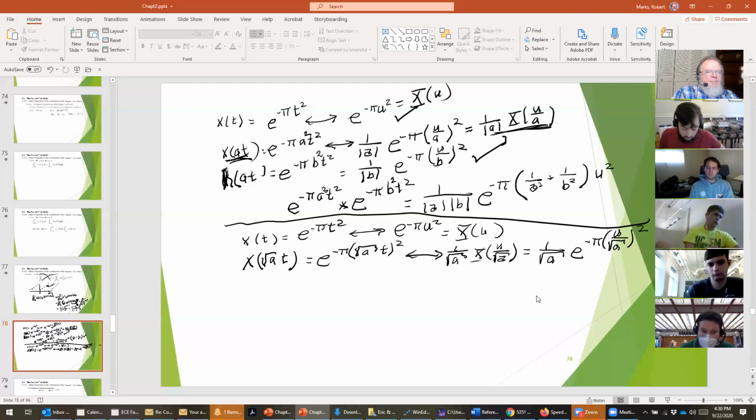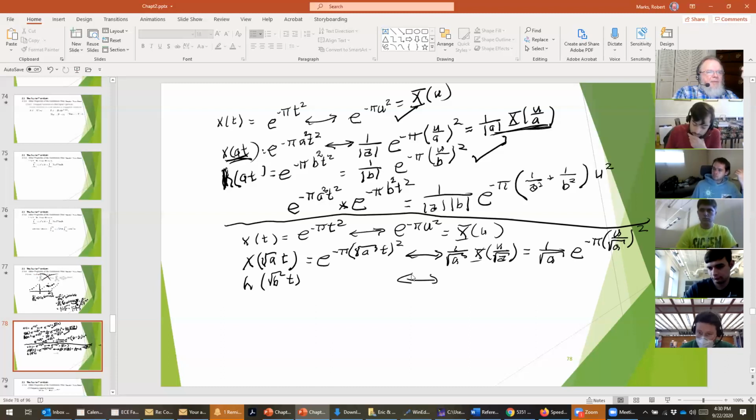Is that better? Thank you for correcting me, by the way. So h of square root of b times t is exactly the same thing, except that it's a b, right?